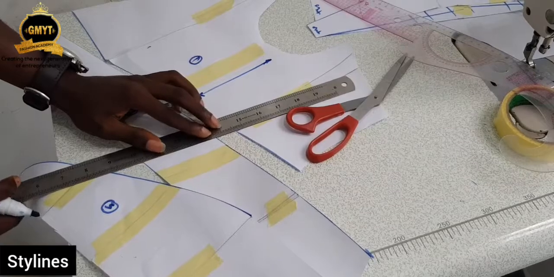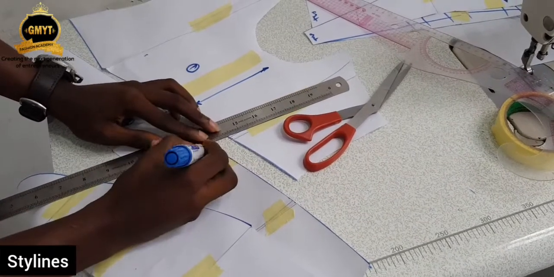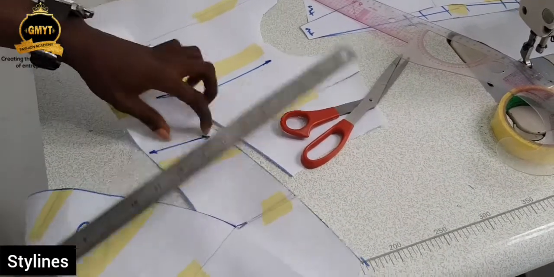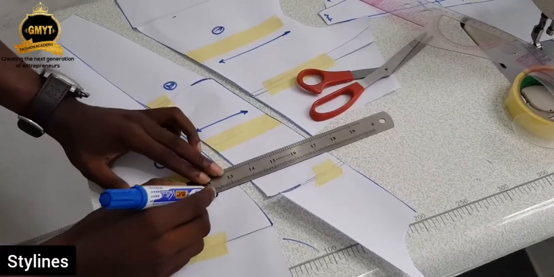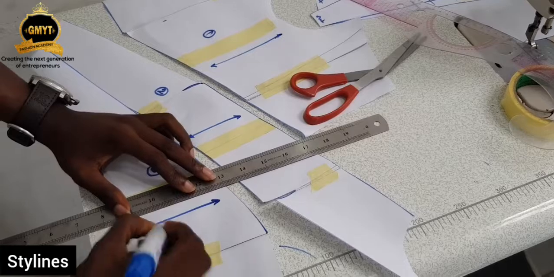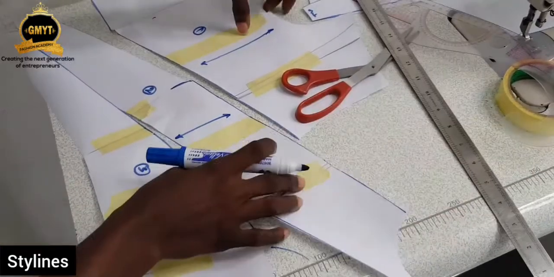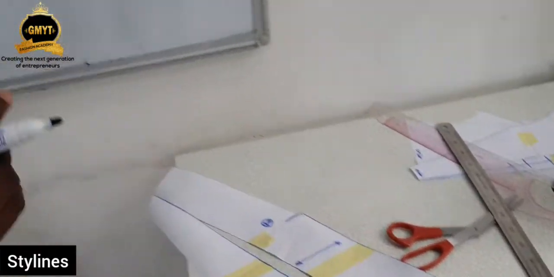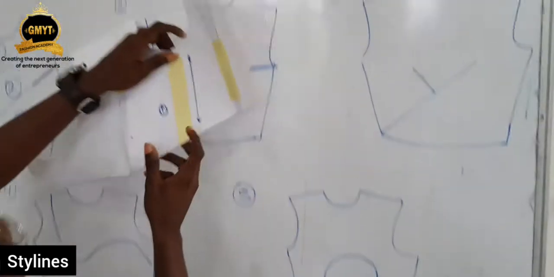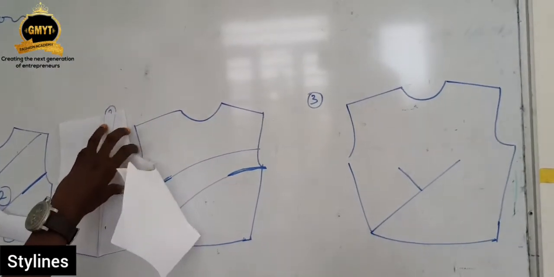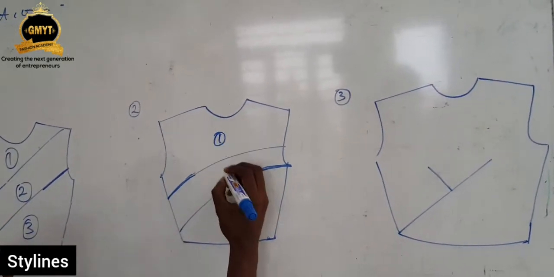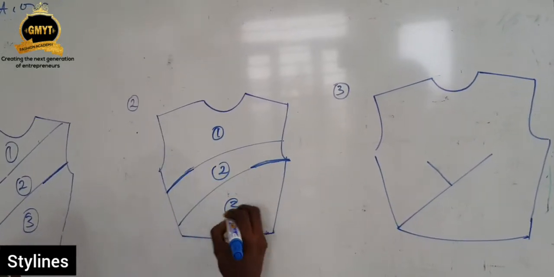Putting up my grain lines so that I know where to cut and not cutting it in bias or crosswise. So this means when I'm cutting, I am placing it on a lengthwise grain. This is my first piece, my second piece, and my third piece.